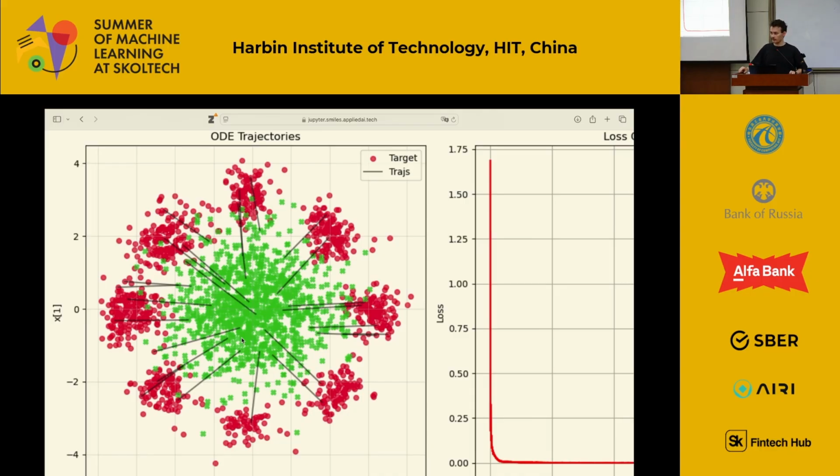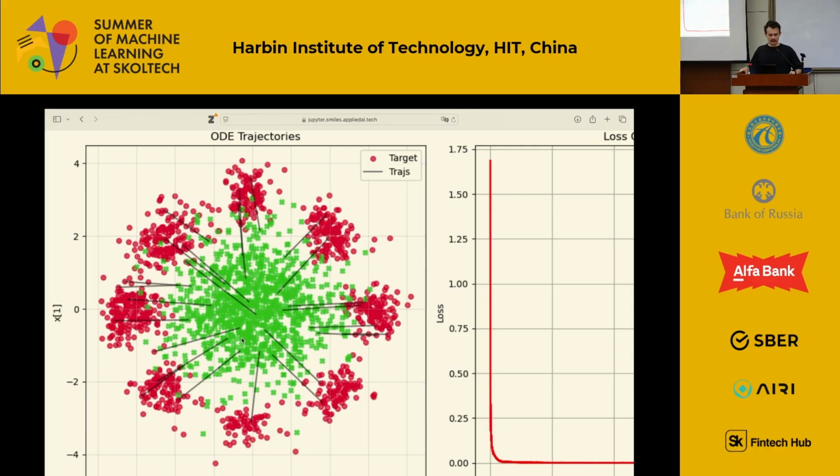They are straighter than the ones that we had with the optimal transport mini-batch plan, because apparently the mini-batch optimal transport plan is a worse approximation of optimal transport than this rectified flow procedure gives. And yeah, so these trajectories are very, very nice. They are very easy to infer.